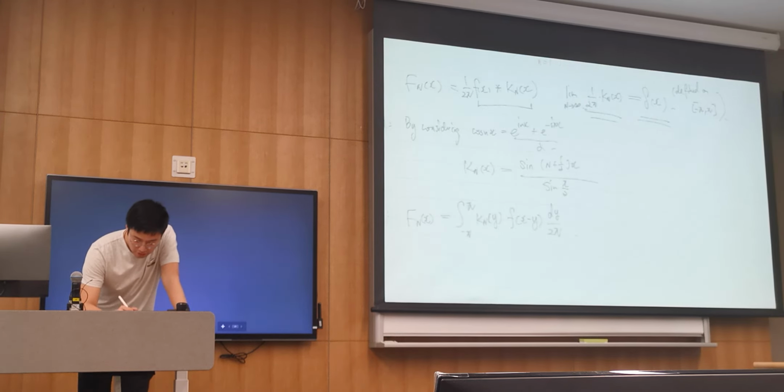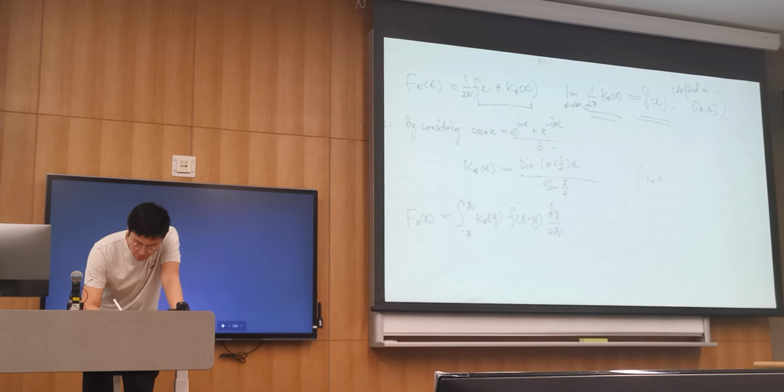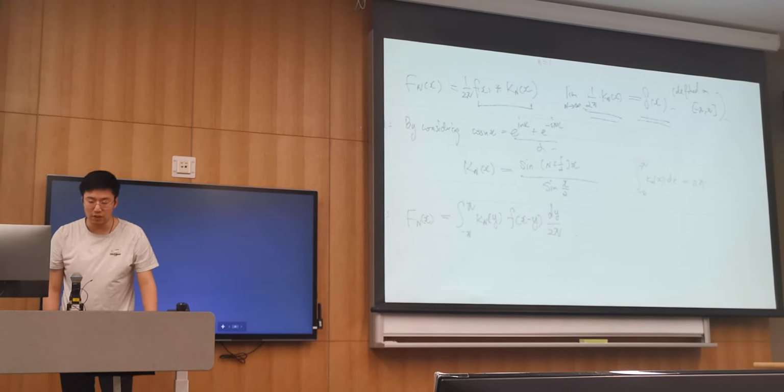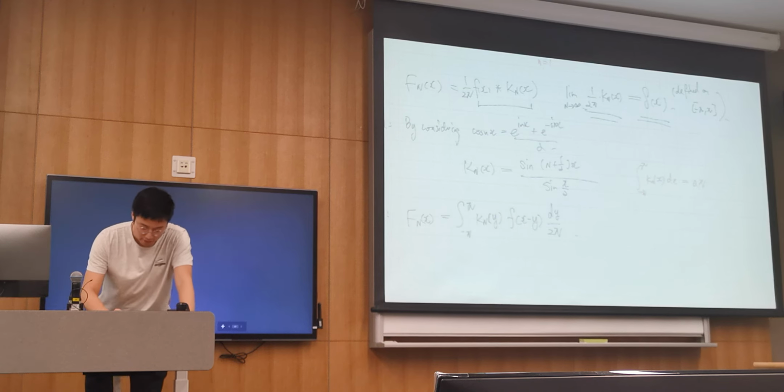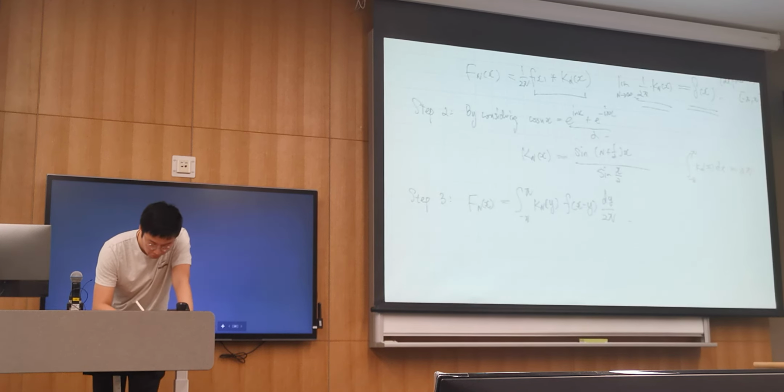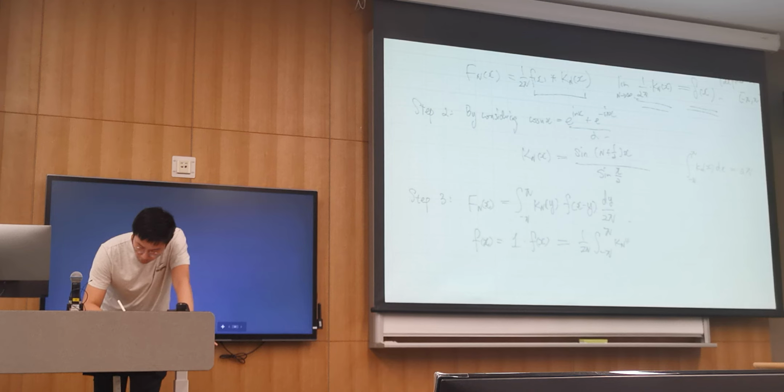And since the integration of K_n(x) dx, x from negative pi to pi, is exactly 2 pi, then my f(x) can be written as 1 multiplied by f(x), which can be written as 1 over 2 pi, the integration from negative pi to pi of K_n(y) dy, multiplied by f(x).